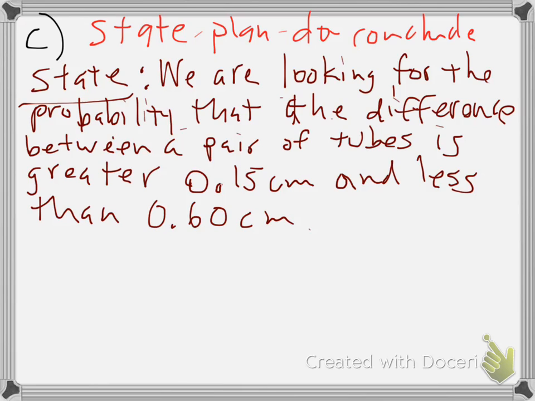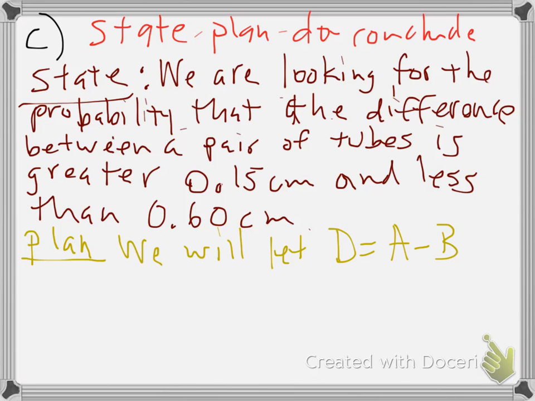So in the plan department here, let's plan how we are going to do this problem. I would start out by saying we'll let D equal A minus B. A was the bigger tube, B was the smaller tube.